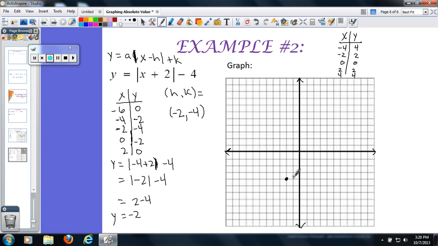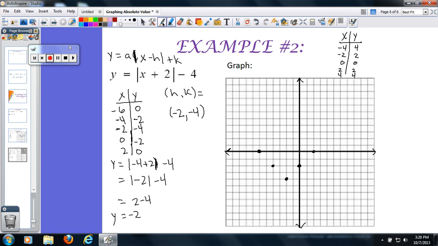So we graphed negative 2, negative 4. So now I'm going to go negative 4. So that was 2, 3, 4. Down 2, 1, 2. And I'm going to go to negative 6 and 0, which will put me right here. And now I'm going to go 0, negative 2, and 2 and 0.